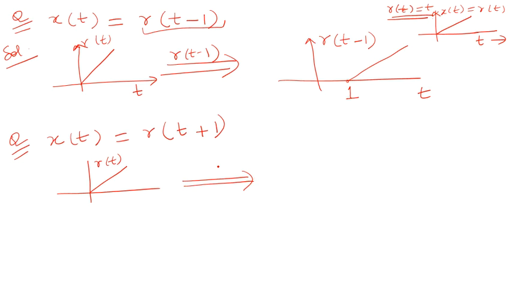The waveform can be shifted towards the left hand side by 1 unit. So this will be minus 1. Obviously this is the origin and this is t, so this waveform can be labeled as r(t plus 1).